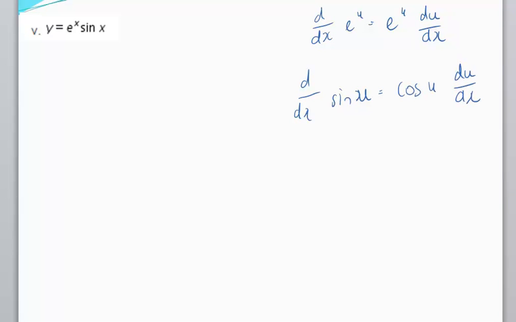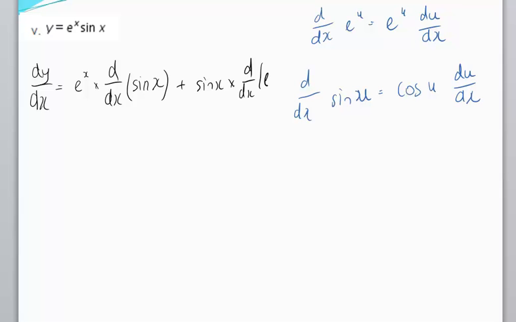So we go back to our equation here. dy/dx will be equal to e to the x multiplied by a differential of sine of x, plus sine of x multiplied by d/dx of e to the x.